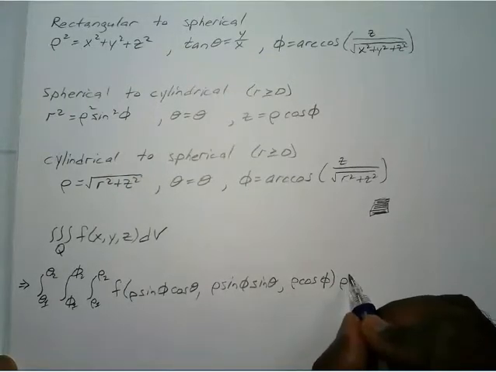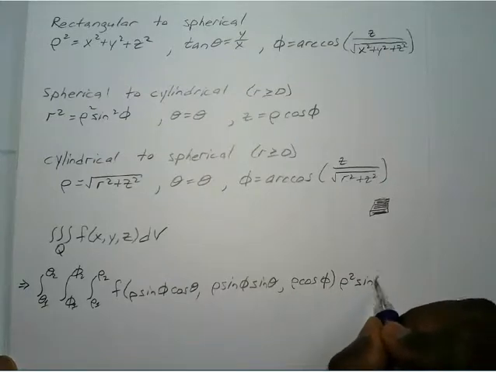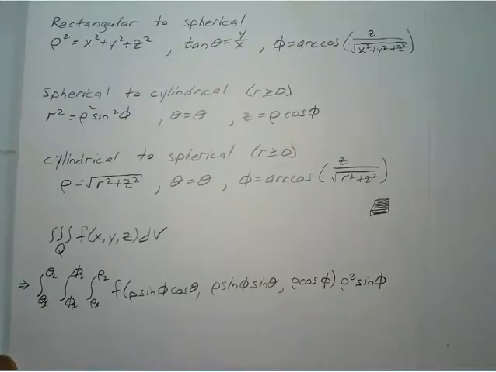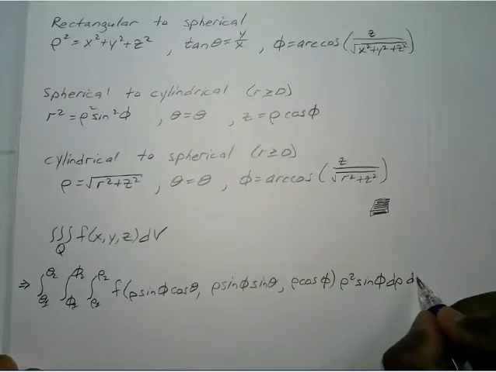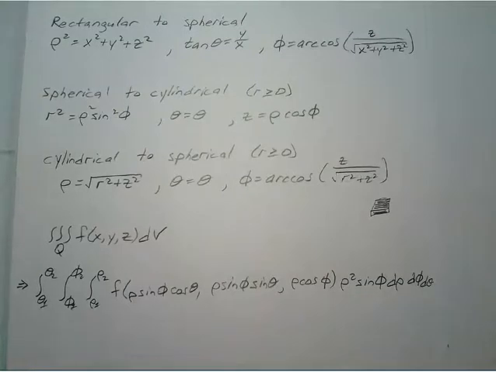That's times rho squared sine of phi with respect to rho, with respect to phi, with respect to theta. Barely able to get it all on there. Probably could have saved a little bit of space in between there, but with respect to rho, phi, theta.